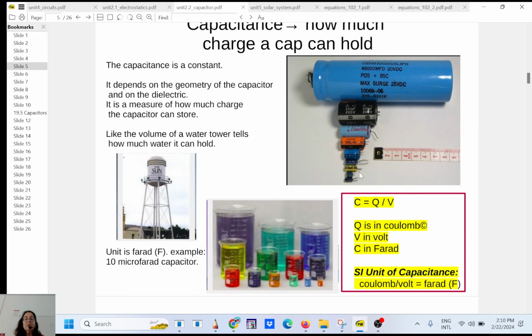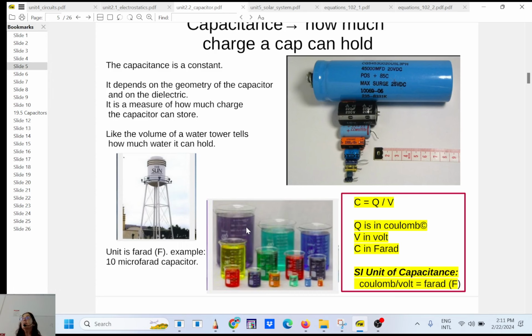Now, we're going to define a new physical quantity, and we call that quantity the capacitance. Capacitance reminds you of capacity, that means volume, right? So you can say that a small beaker has less capacity than this large beaker.